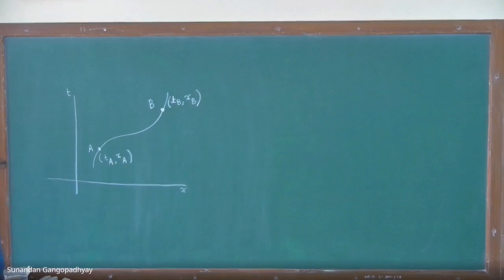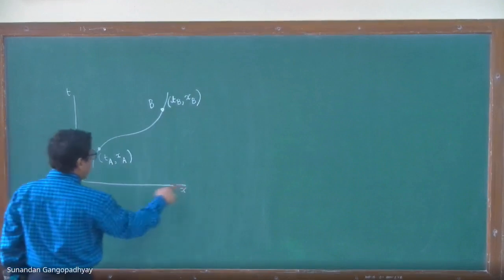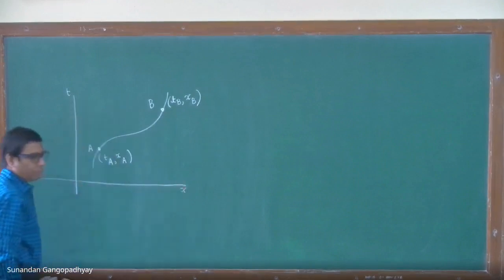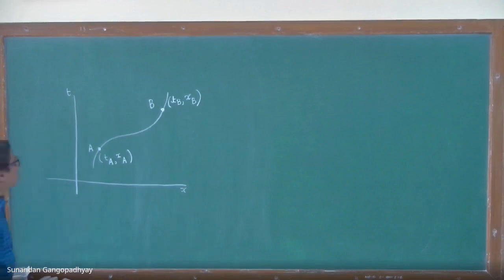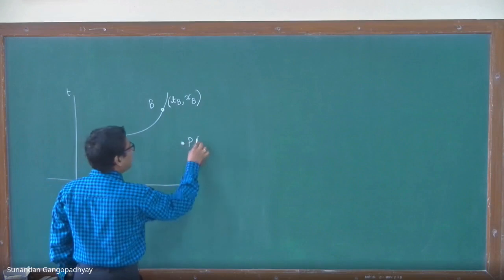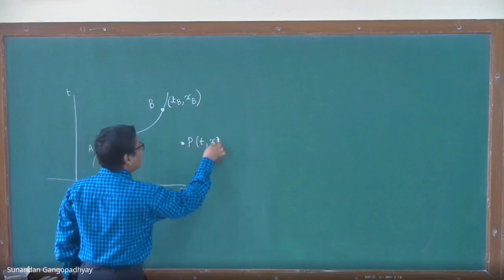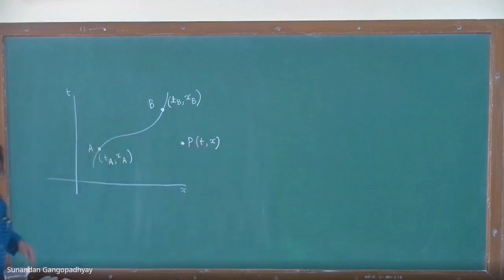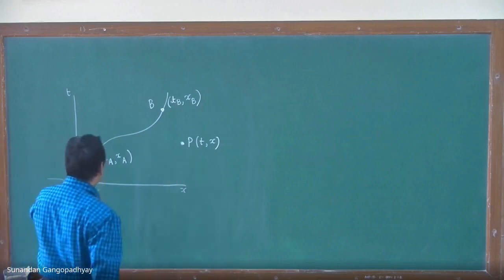So these are the coordinates of the observer as measured from this coordinate system T, X. We also considered an event P whose coordinates are T and X. So this is what we assumed. This is the coordinate of an event as measured from this.